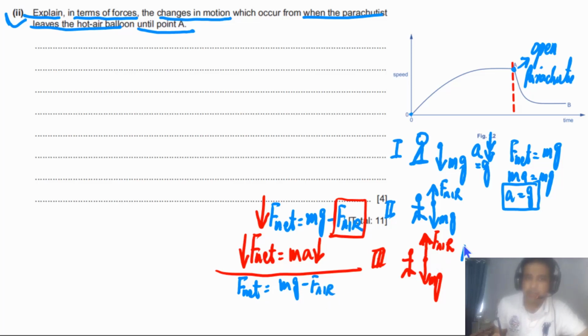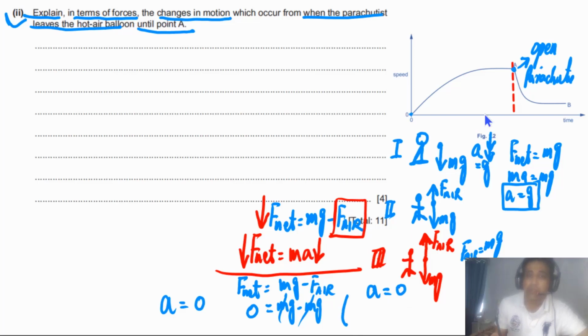But F air in this case is equal to mg, so it means F net is equal to 0 because this one cancels. So what does it mean? It means acceleration is also equal to 0 at this stage.